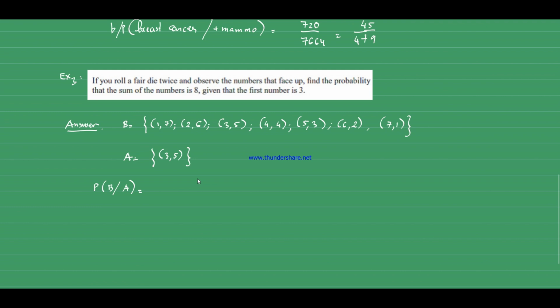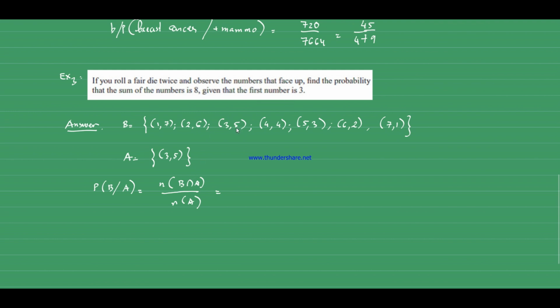Let me write out the formula, so it's not easy to get wrong. We have the probability of the sum of the numbers being 8 and the first number being 3.